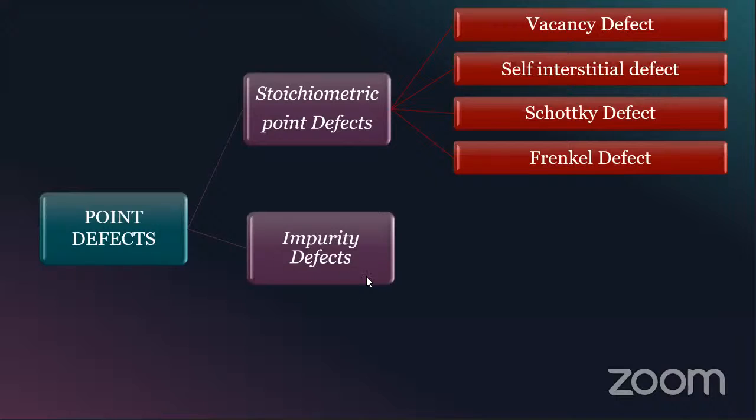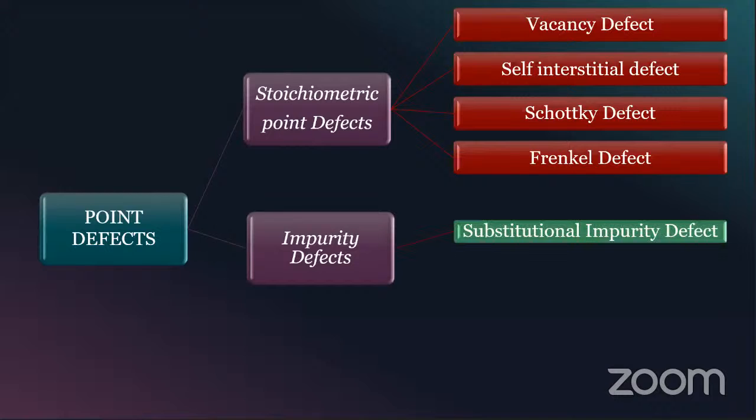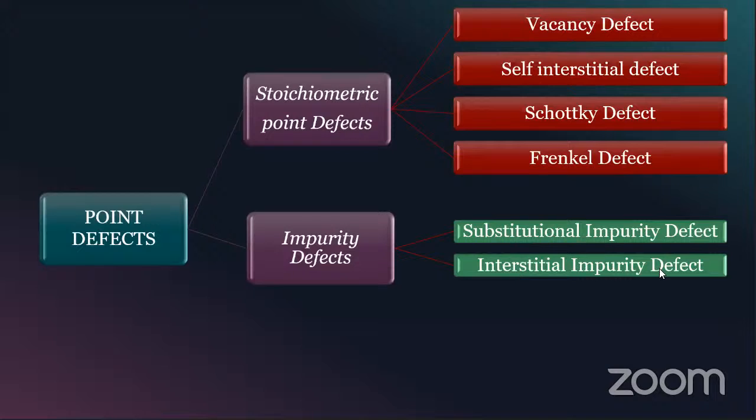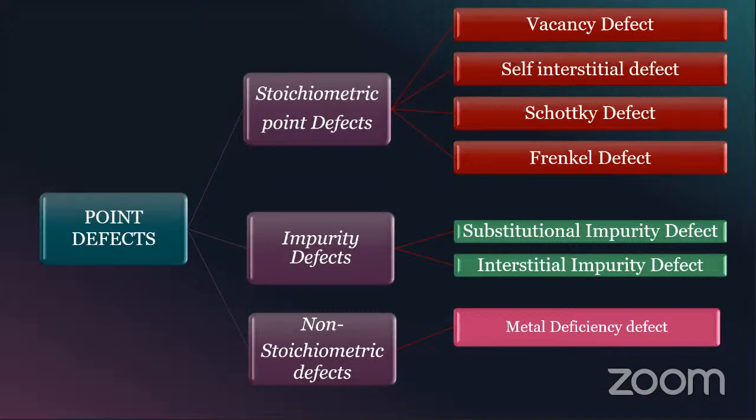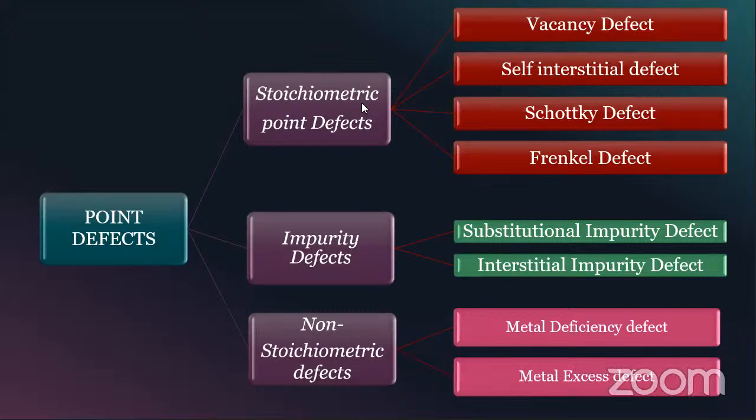Then you have impurity defects, wherein an impurity comes and sits in the void spaces. That is substitutional impurity defect, or you can have interstitial impurity defect. And the third one is non-stoichiometric defect. In that you have metal deficiency and metal excess defect. So everybody please take a screenshot of this and just remember these are all the types of defects you can see in solids.